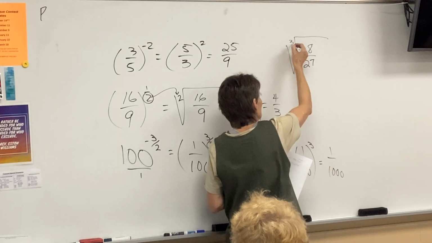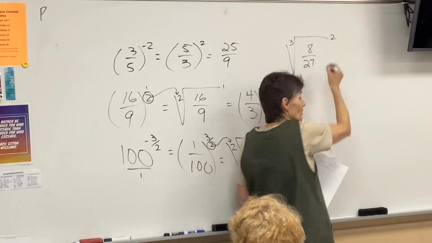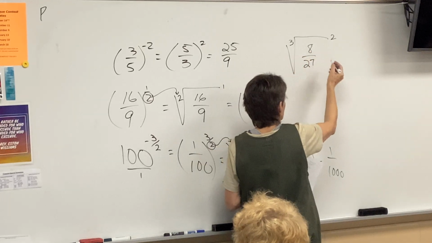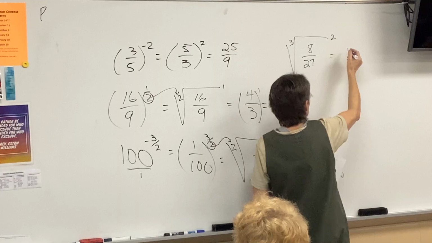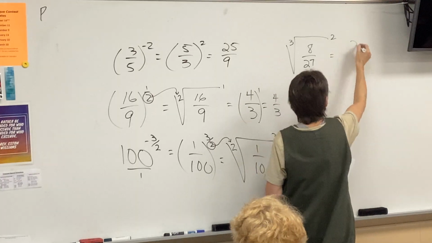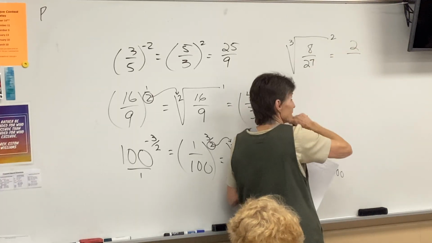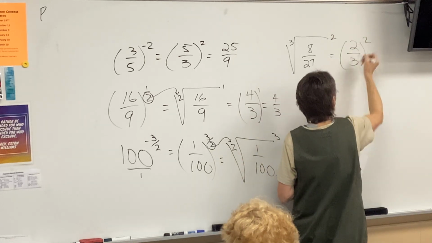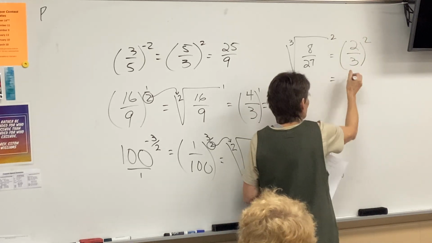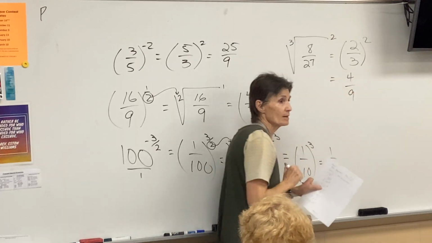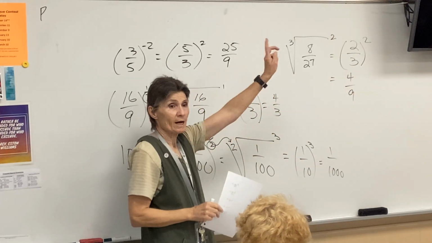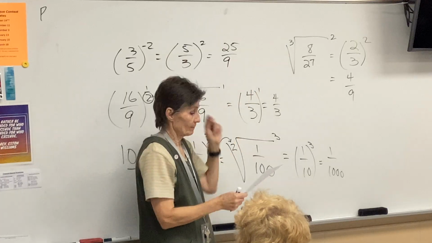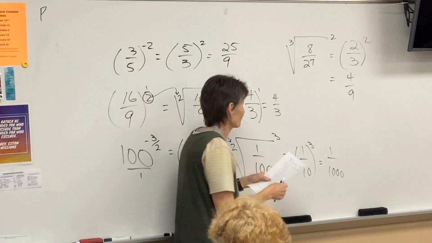Did you make a cube root squared? What's the cube root of 8? Cube root of 8 is 2. Cube root of 27 is 3. And we're squaring it, so your final answer is 4/9. Who got 4/9 all by yourself?